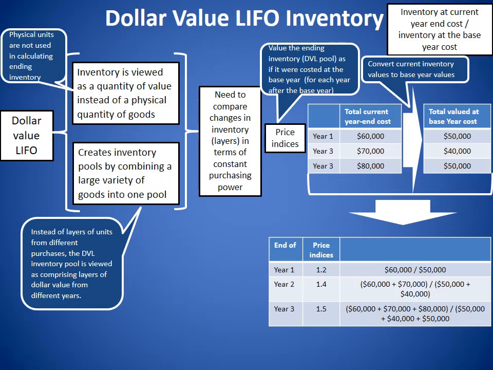Now we're going to be covering probably the most feared area in inventory accounting for aspiring accounting CPA candidates, and it's called dollar value LIFO. And I'm sure you encountered it in either your intermediate accounting class or some advanced accounting class, and it was pretty hard to figure out.